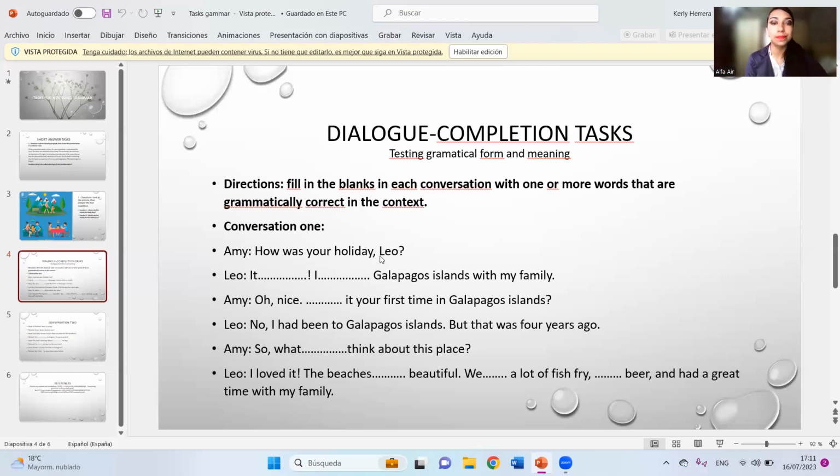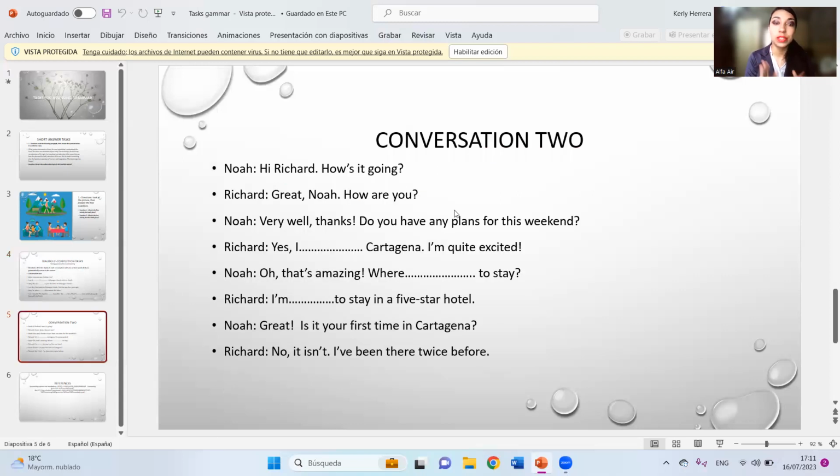For example, to respond by giving meaning to the conversation, the student must consider the following part of the dialogue, depending on the context of the conversation. Okay. This is conversation 2.